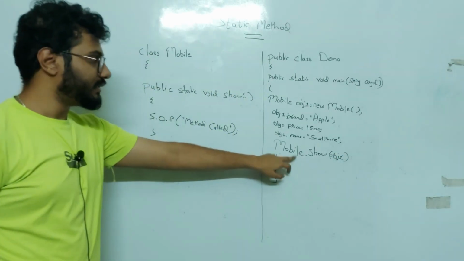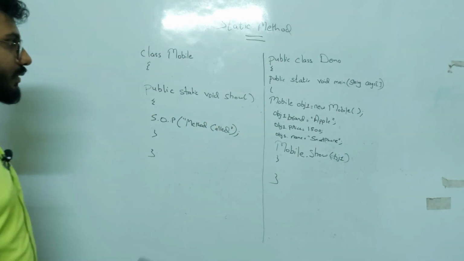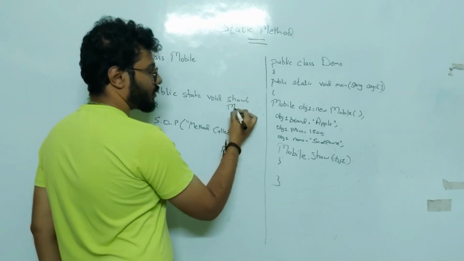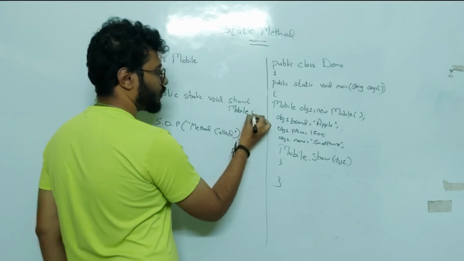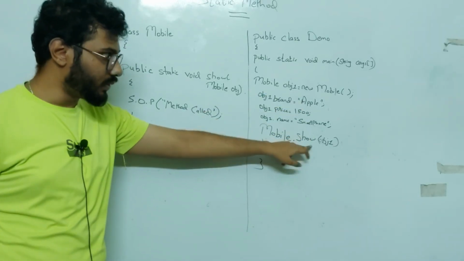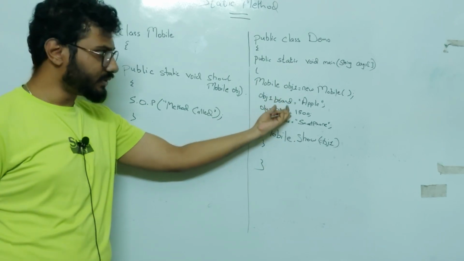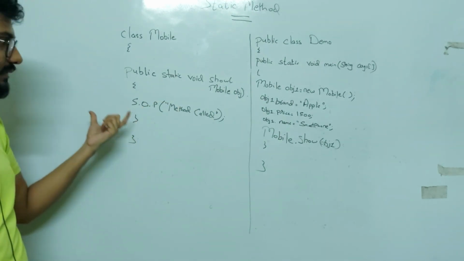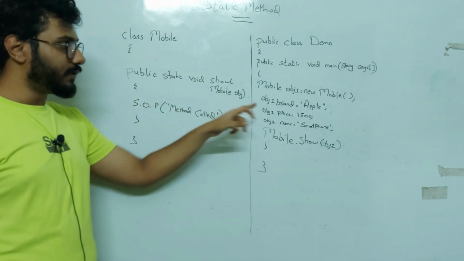Once this object is passed, we need to receive it. So, Mobile obj: we are passing the obj1 object which is created here, because these two variables belong to obj1, and we want to access them in the static method. For that, we pass the object.